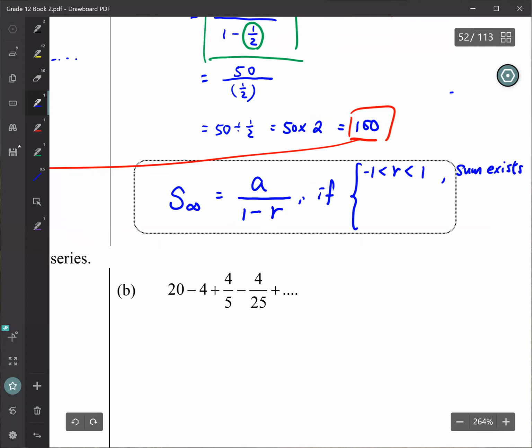Okay, we have the sum. If it's not between -1 and 1, then the sum doesn't exist.